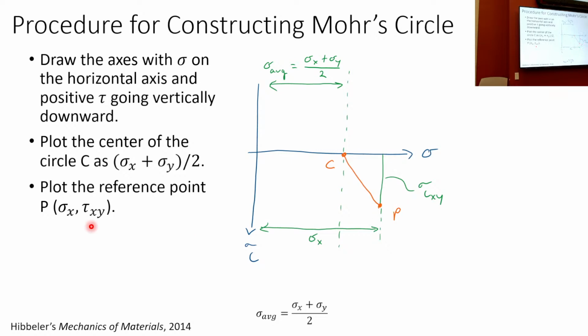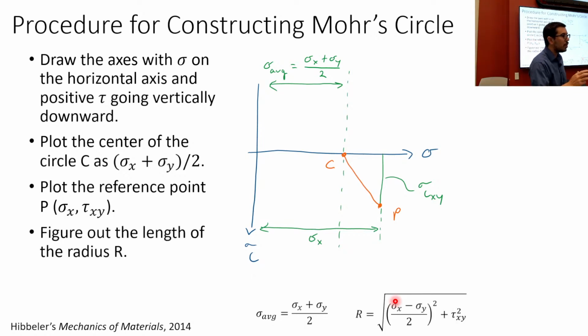If tau xy is positive, this is where I would make a mistake, you make a mistake, we all make mistakes. If tau xy is positive, it goes underneath, because the tau axis is positive in the downward direction. Now, remember how I said you could use that equation to figure out the radius r?